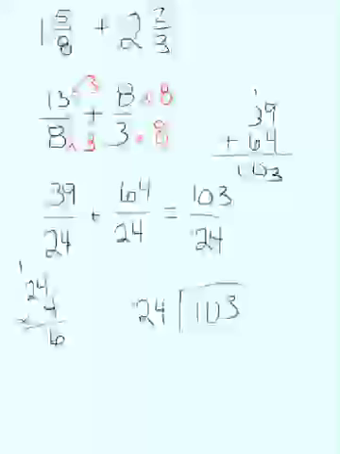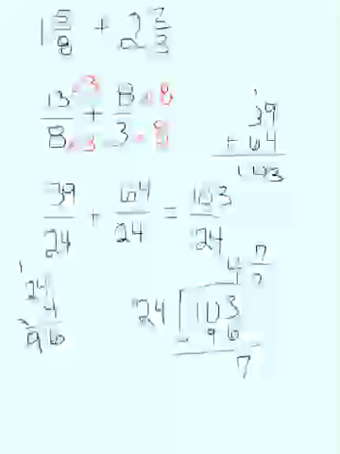Carry the 1. 4 times 2 is 8. Plus 1 would be 9, so 96. That's pretty close. That's all the closer I'm going to get. 4 up here, 96 here. Subtract. 103 minus 96 would be 7. So my answer is 4 and 7 over 24.